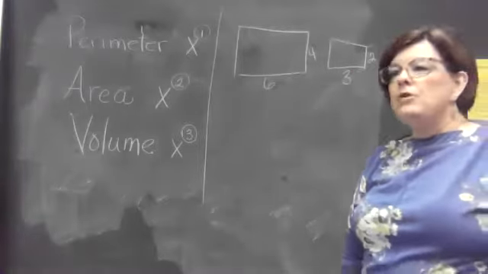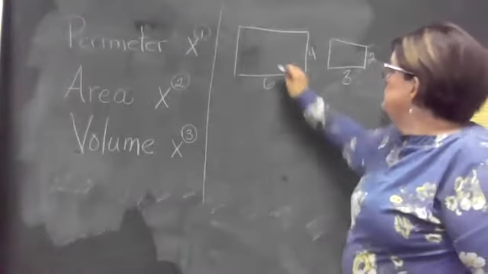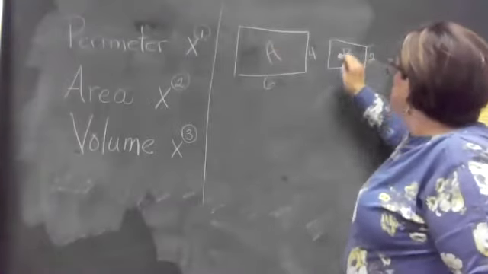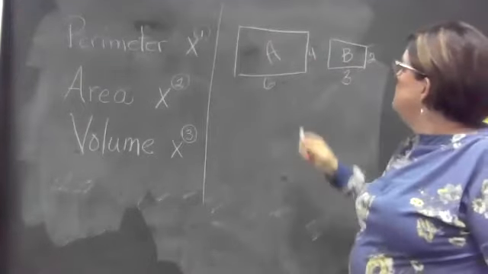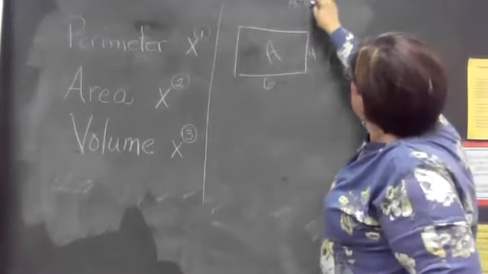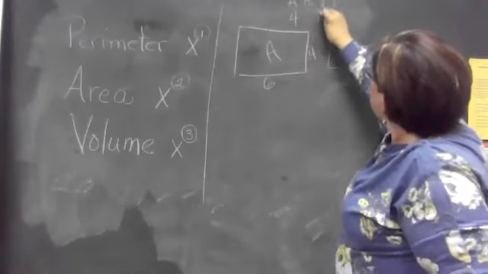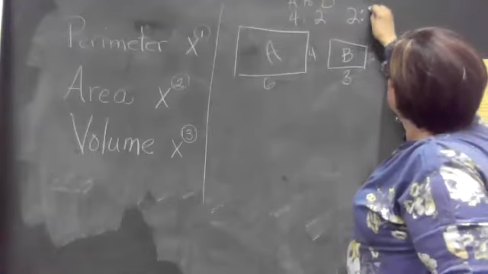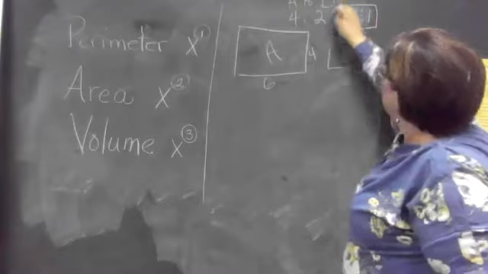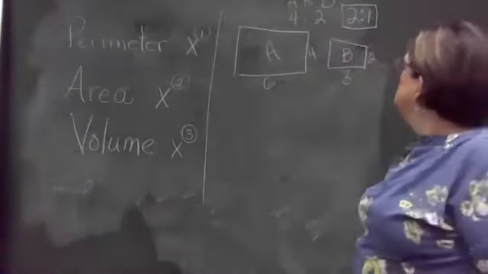Now, the scale factor between these two, this is A and B. So the scale factor between these two is 4 to 2, right? Scale factor from A to B is 4 to 2, which is actually 2 to 1, because I just simplified that. Are we okay with that?